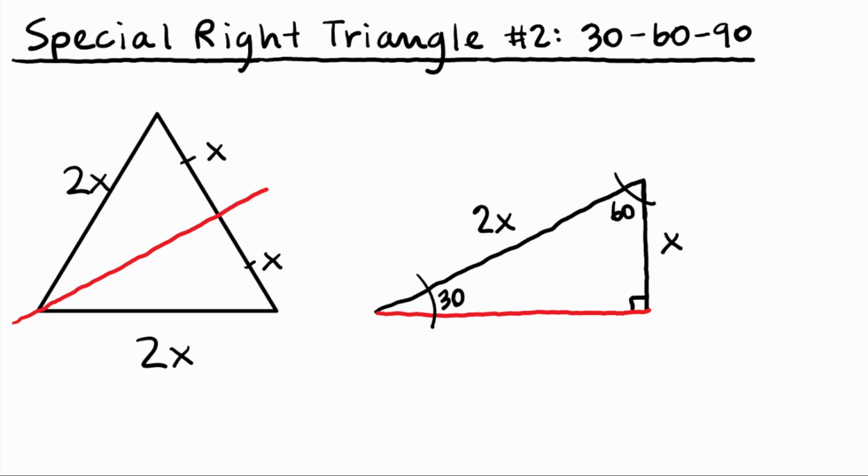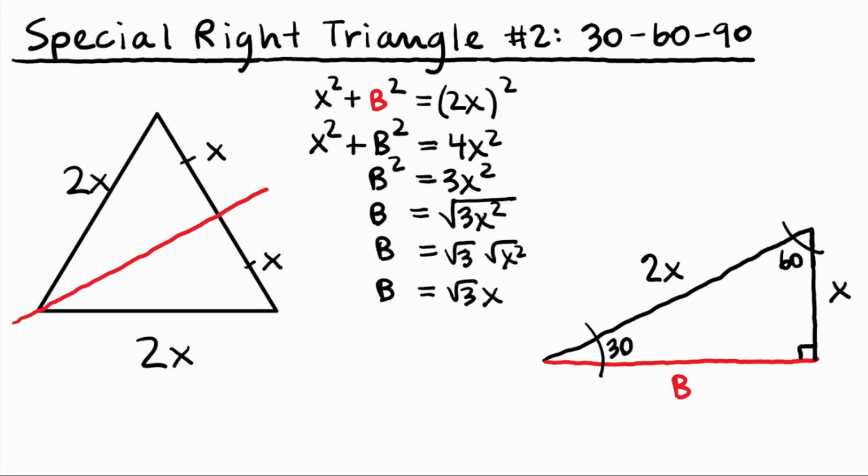I could do the same thing: call the long leg B, set up the Pythagorean theorem, run through all of that, and you'll see it works very similarly to the 45, 45, 90, but we'll see that B is the square root of 3 times x. So in general, if we've got the short leg of a 30, 60, 90 triangle, we know the hypotenuse is twice the short leg, and the longer leg is the square root of 3 times the shorter leg.